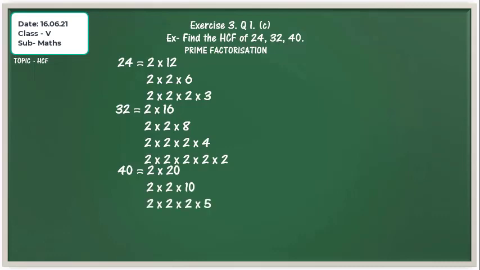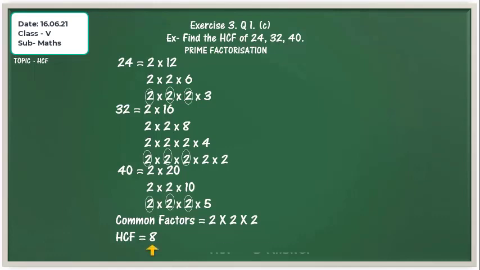Now let's try to find out the common factors between these. So the common factors are 2 into 2 into 2. Therefore, the HCF will be 2 into 2 is equal to 4 and 4 into 2 is equal to 8. HCF will be 8. Let's try one more question.